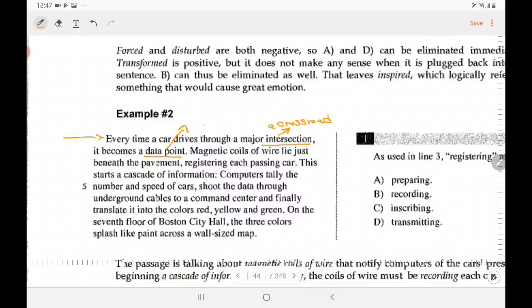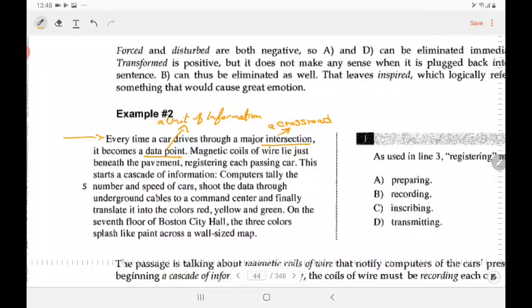A data point means a unit or a piece of information. Okay. Magnetic. So every time a car drives through a major intersection, it gets monitored or registered as a unit of information or a data point.